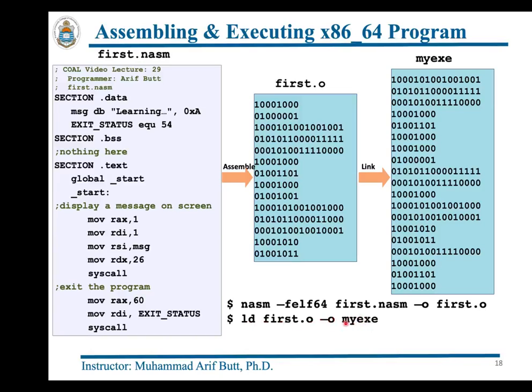So once this command is executed, this program will be linked and an output file will be generated with the name my.exe. And finally, we need to load this binary file in computer memory and execute it. For that, you just write down ./my.exe, and the output will of course be displayed on the screen.